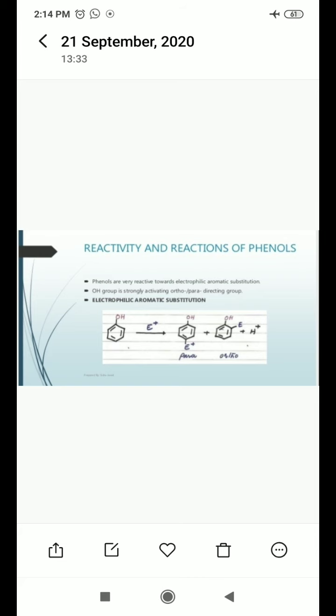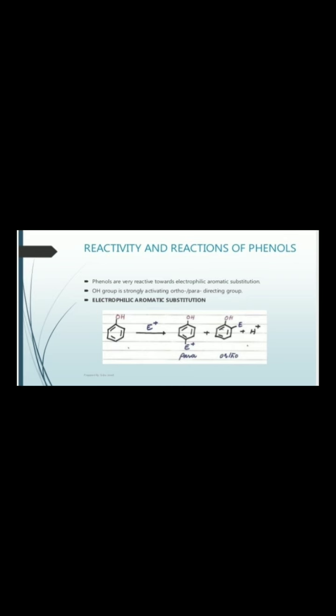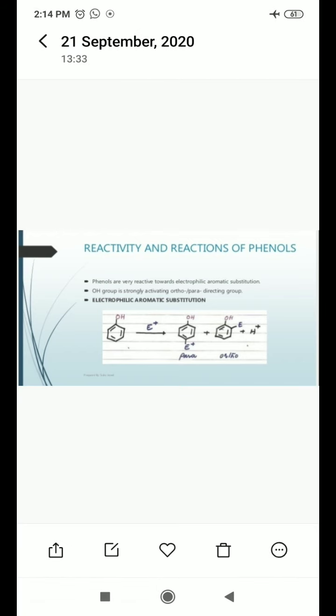And this OH group is a strongly activating ortho-para directing group. We have seen the effect of substituents on benzene reactivity. If the compound is phenol, then which reaction does it favor? If NH2 group or OH group is attached to the benzene, what does it make that ring give, ortho-para substitution or meta substitution?